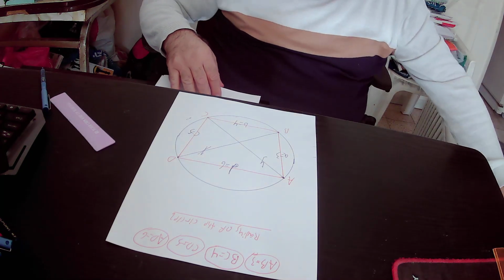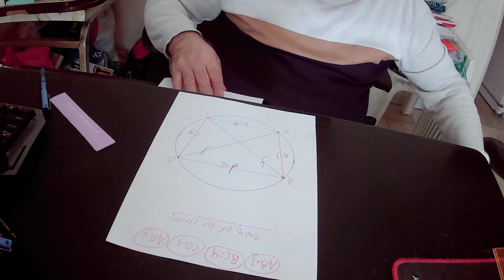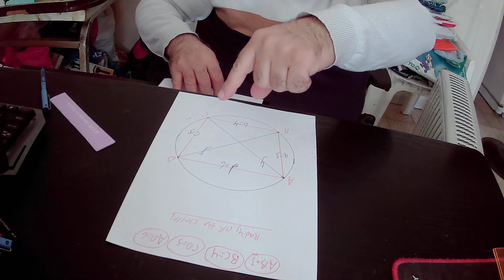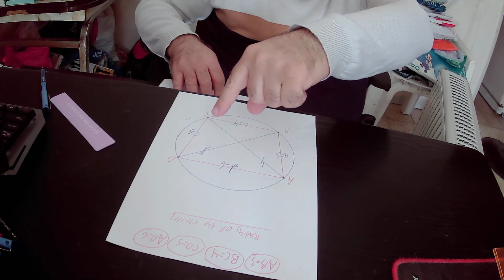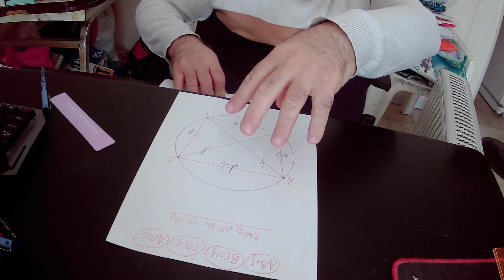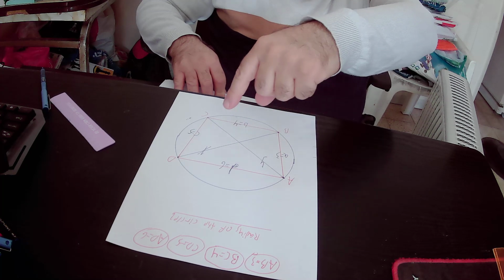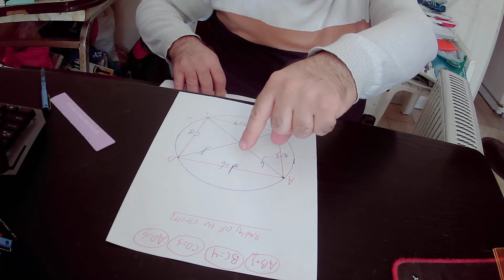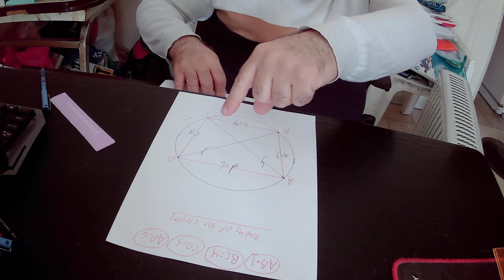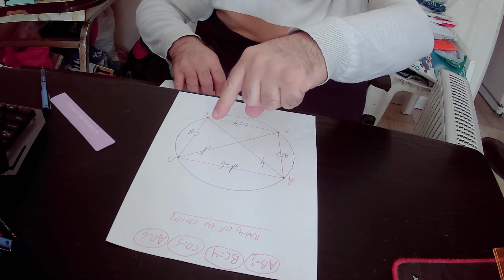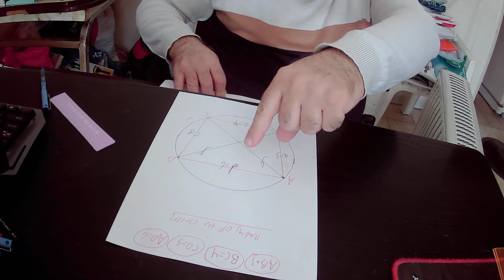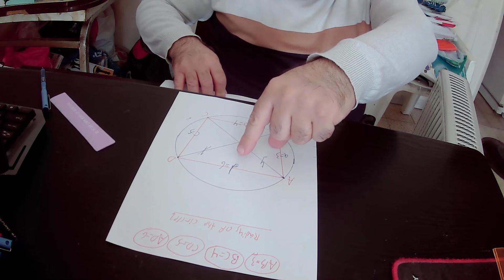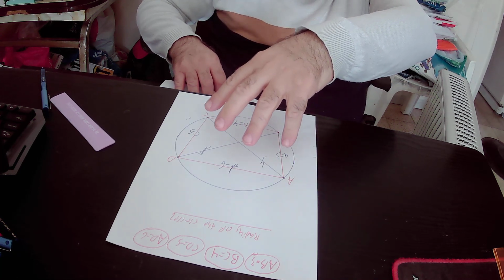But we know that the area of quadrilateral ABCD consists of those two triangles, triangle BDC and triangle ABD. So if we add triangle BDC to triangle ABD, we will get the quadrilateral ABCD.